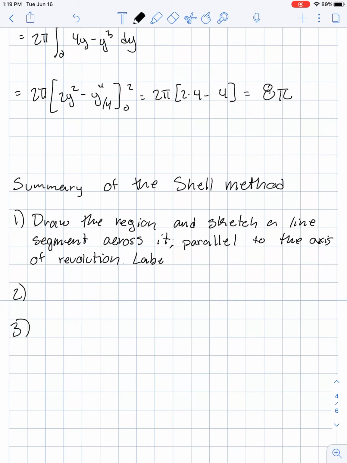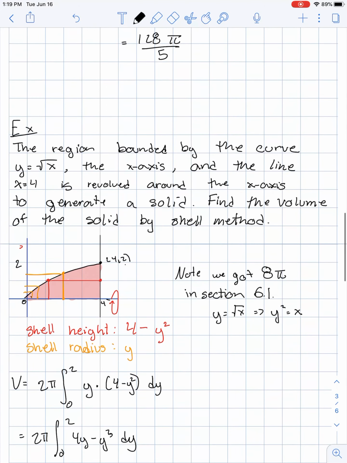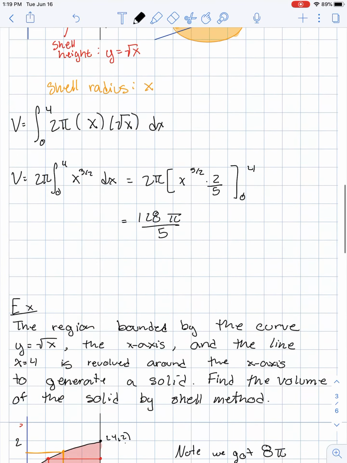Then we're going to label that segment. So either it's height or length. So here it was my length.